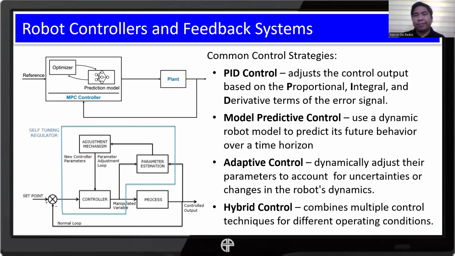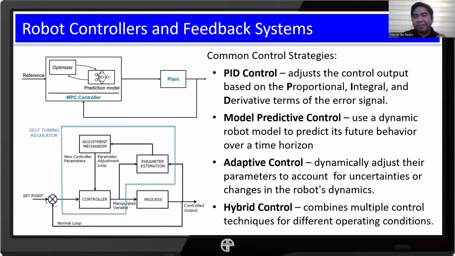So again, the two main goals are to stabilize the system and minimize the time it takes to stabilize the system, right? That's what we want with our control system. And this is classical, the default, or more basic approach in robotics.